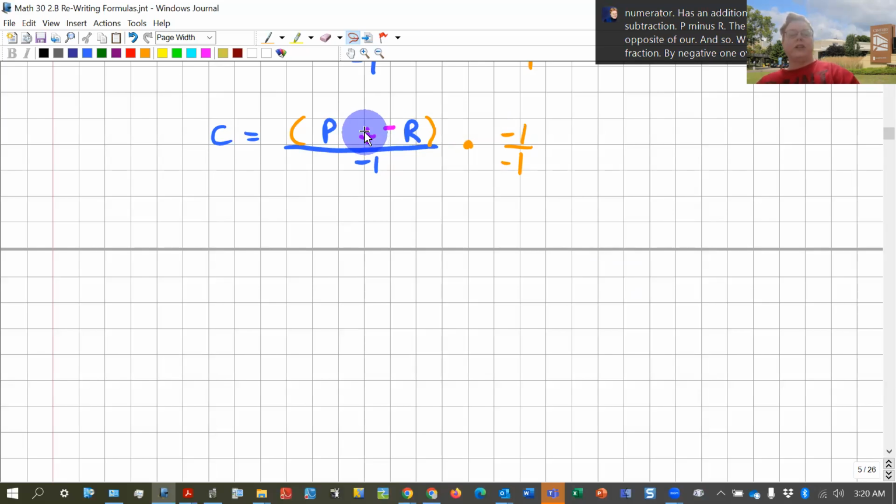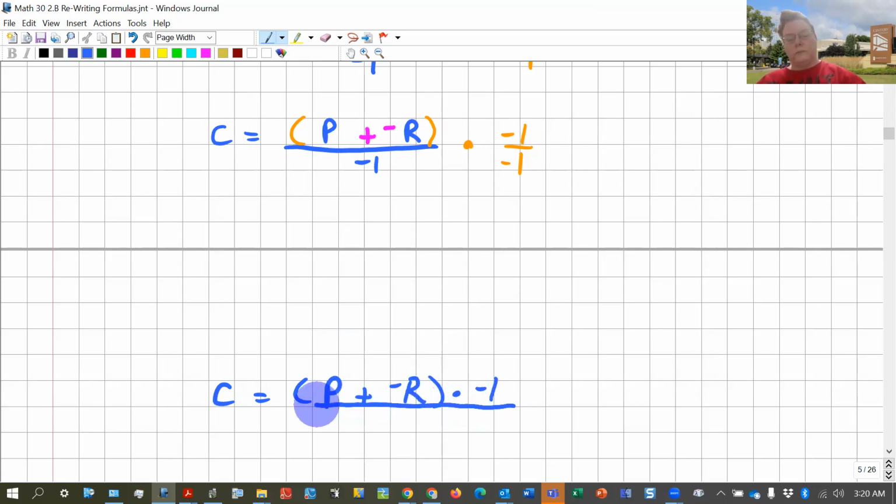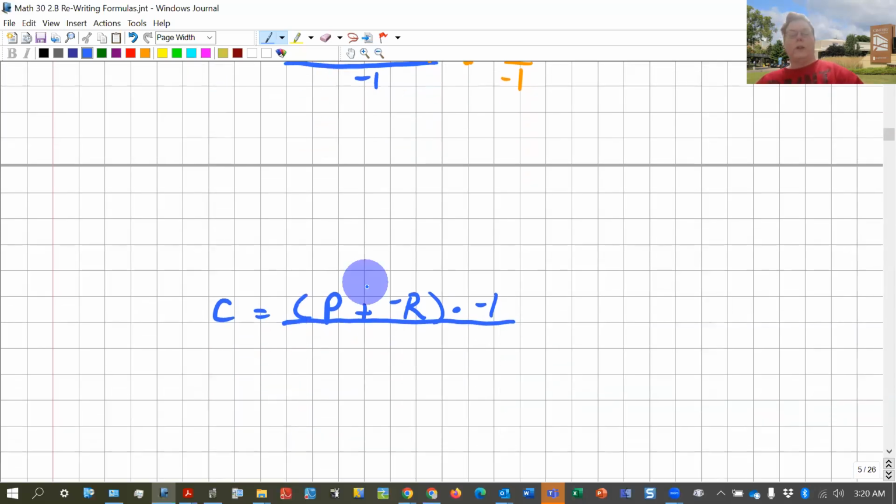because there's addition inside the numerator of that fraction and multiplication outside the numerator of that fraction, addition inside, multiplication outside. If I want to simplify that, I'm going to have to distribute.